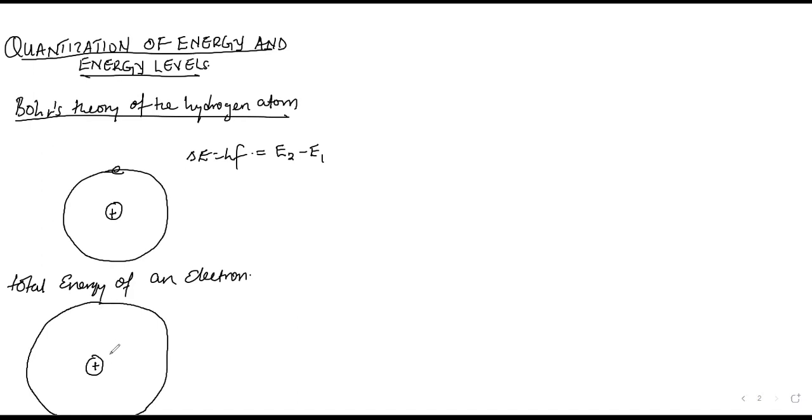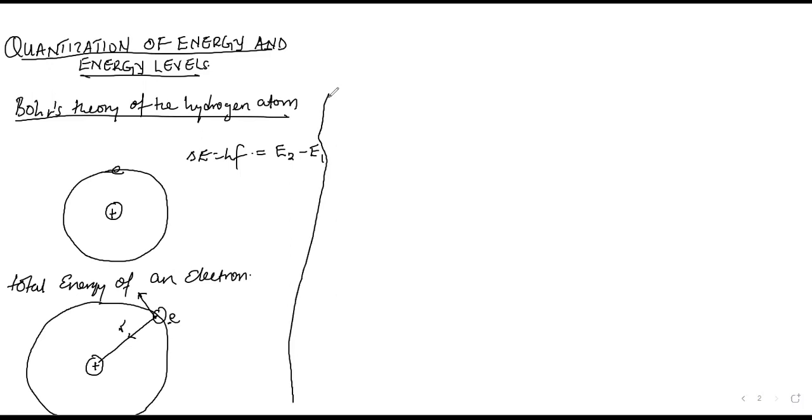Whereby if you have an electron that is moving at a distance r from the center, the electron has a velocity v, then this electron is going to experience a force of attraction. Remember, the electron is negatively charged, whereas the nucleus is positively charged, okay?